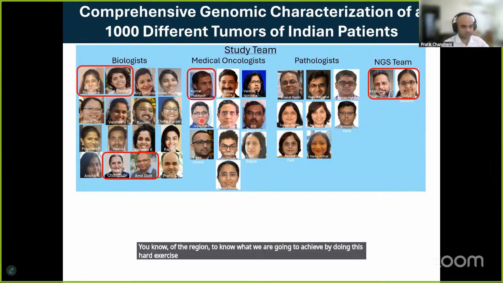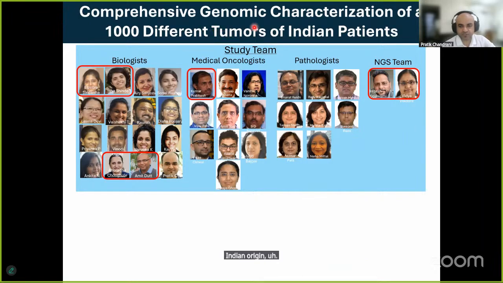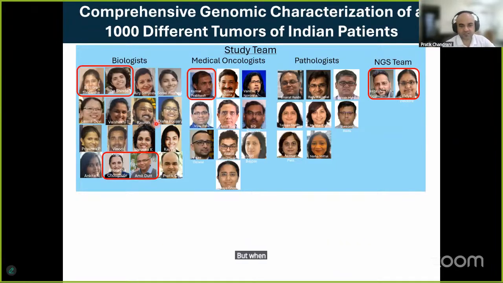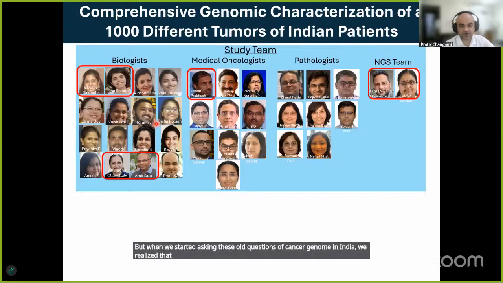In this slide, what I'm showing is an exercise from my lab in which we profiled 1,000 different tumor samples of Indian origin using comprehensive genomic characterization. This is a humongous exercise of so many people; I'm merely making a presentation here. When we started asking these questions about the cancer genome in India, we realized that we don't have enough data, and the Indian cancer genome has not been well characterized.